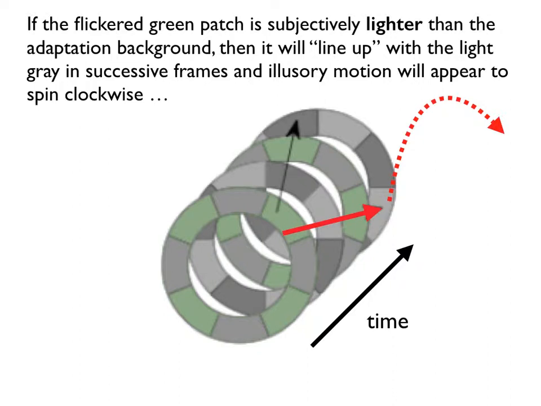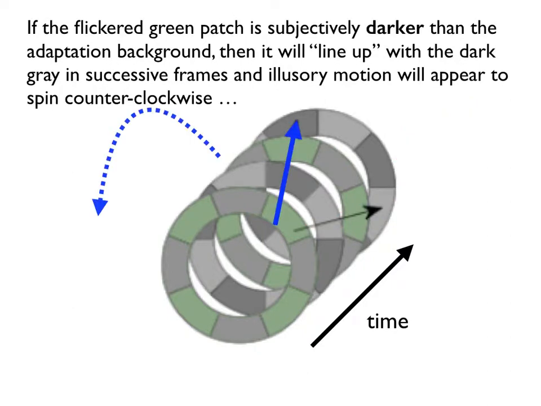And if the flickered green patch turns out to be subjectively lighter to the subject than the adaptation background, then it will, quote, line up with the light gray in the successive frames that are flickered, and illusory motion will appear to spin clockwise. By comparison, if the flickered green patch is subjectively darker than the adaptation background, then it will line up with the dark gray in successive frames, and the illusory motion will shift and appear to spin counterclockwise.